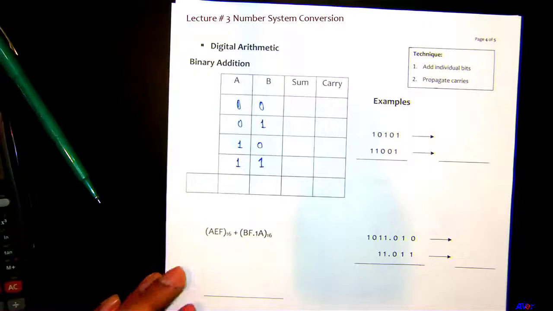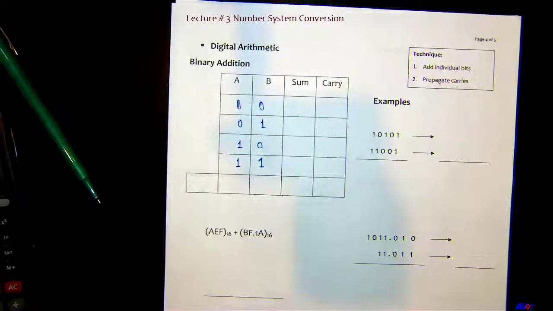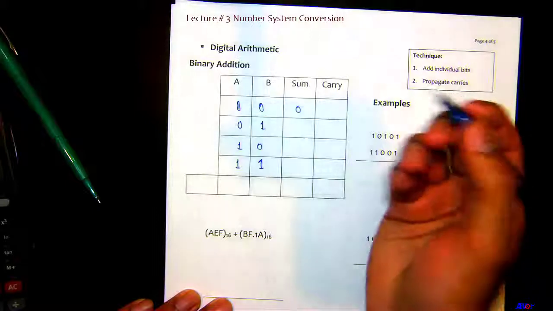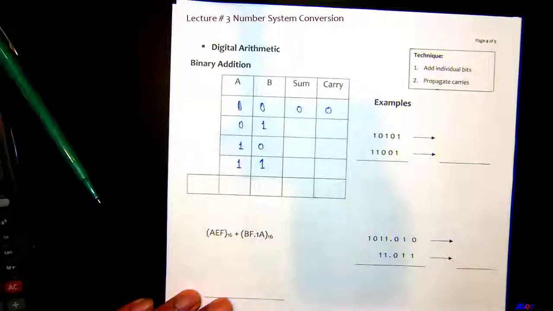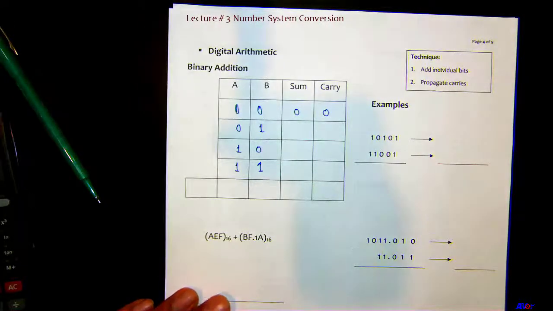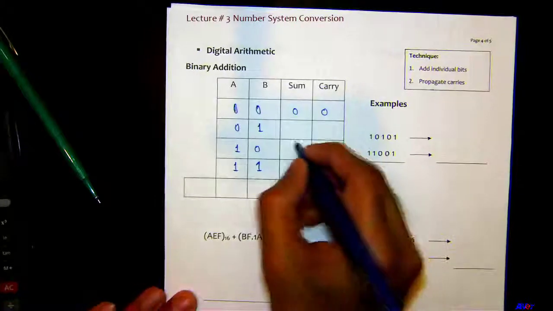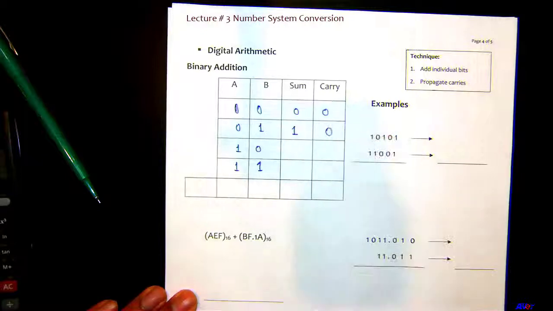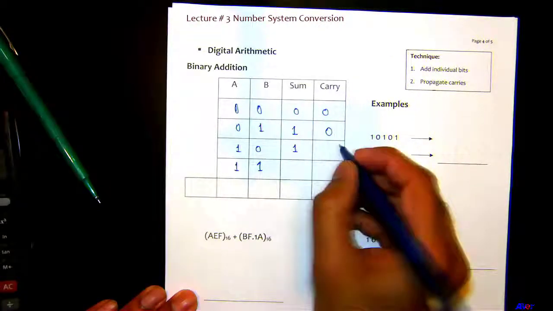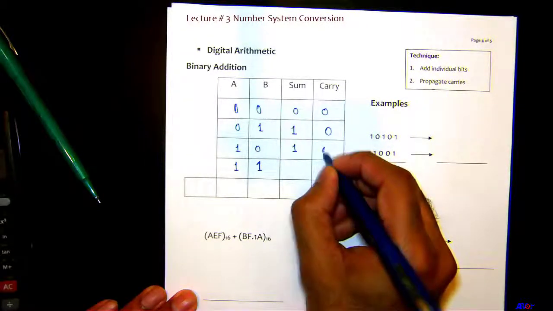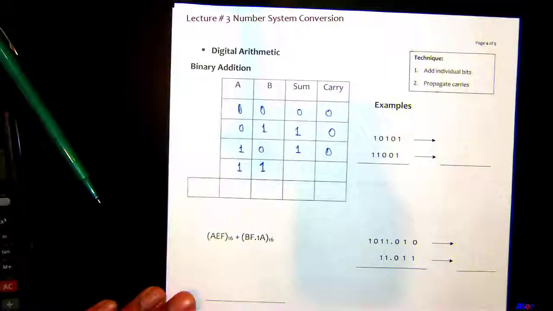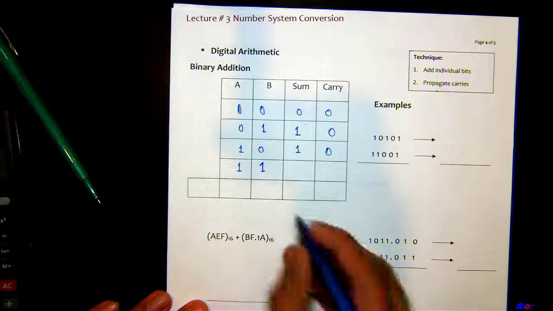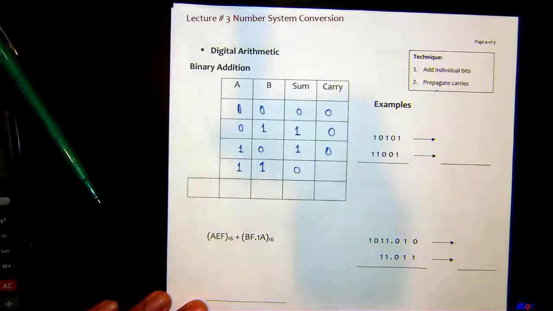When we are adding A plus B, and both are 0, so 0 plus 0, sum is going to be 0, carry is going to be 0 as well. 0 plus 1, sum is going to be 1, and carry is going to be 0. 1 plus 0, sum is 1, and carry is 0. 1 plus 1, sum is going to be 0, and then carry is going to be 1.